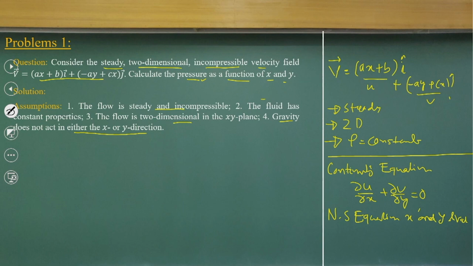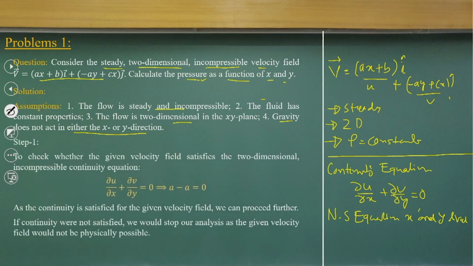Now first check: does this velocity field satisfy the continuity equation? If it does, then this is a valid velocity field for which we can derive the pressure field.